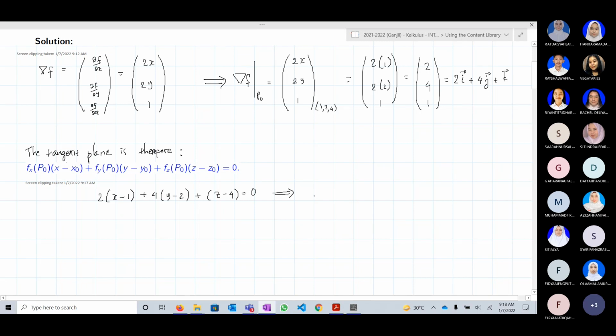Or in this case, we have that the tangent plane is the equation 2x plus 4y plus z equals 14.